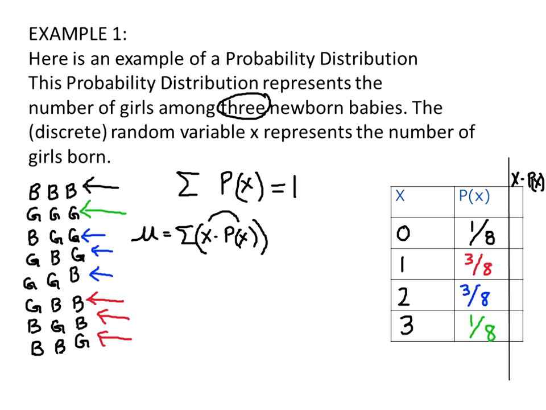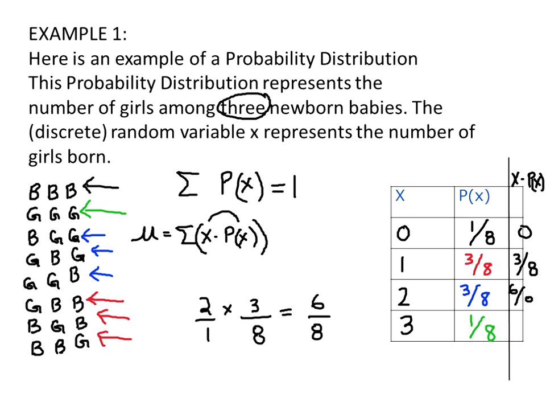So x times p of x: 0 times 1/8 is 0. 1 times 3/8 is 3/8. 2 times 3/8. You have to remember your fractions: the 2 is 2 over 1, so that gives us 6/8.